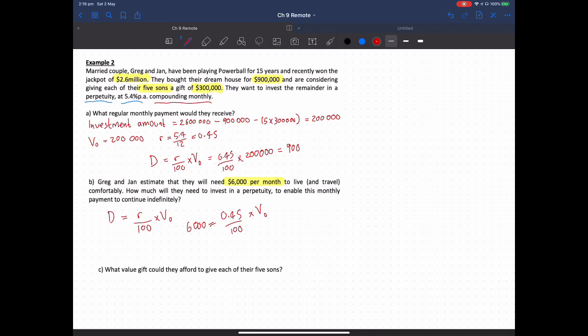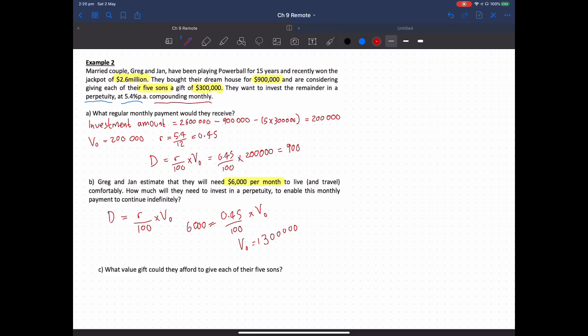So using our calculator to rearrange this, what we would get is V0 would have to equal 1,300,000. So that is a significant difference between what they had between Part A and Part B.